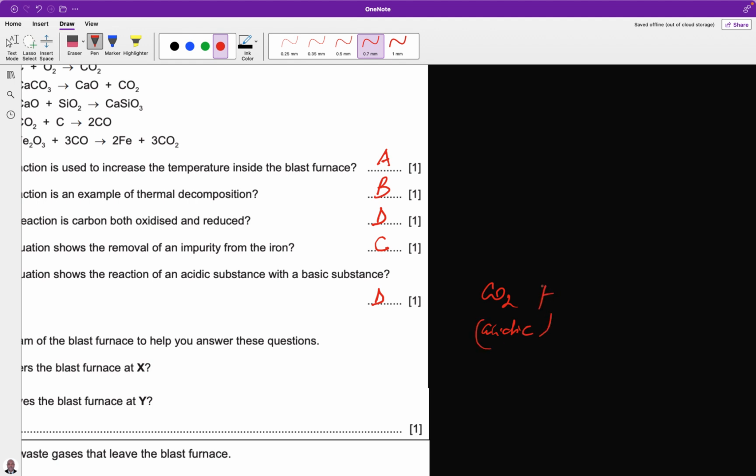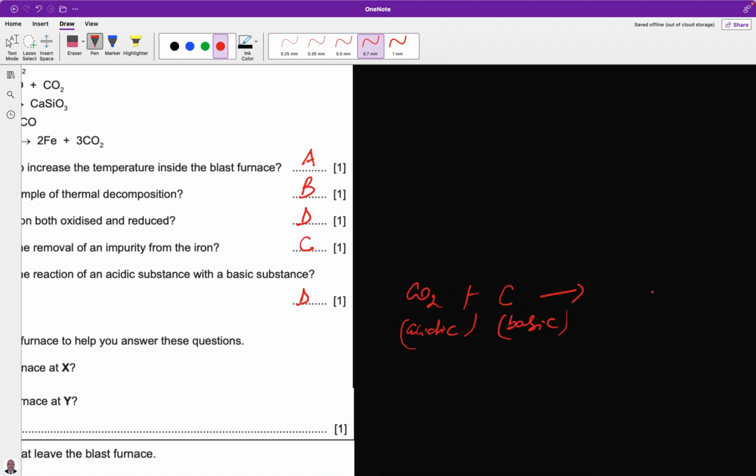When it reacts with carbon, carbon is basic, it is going to produce carbon monoxide. And this is a neutral oxide.